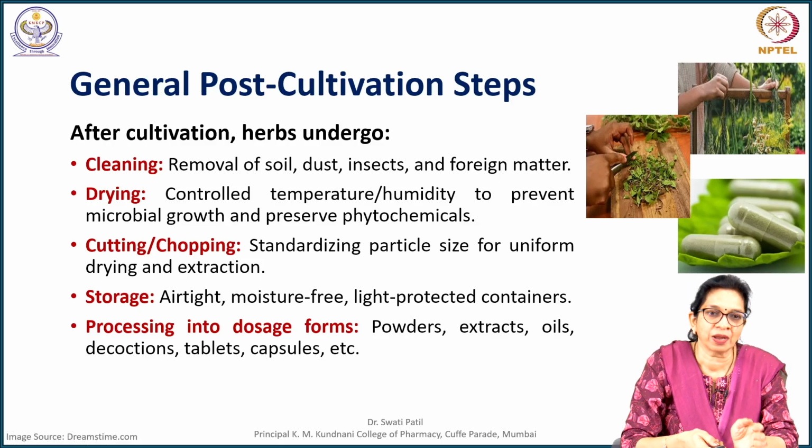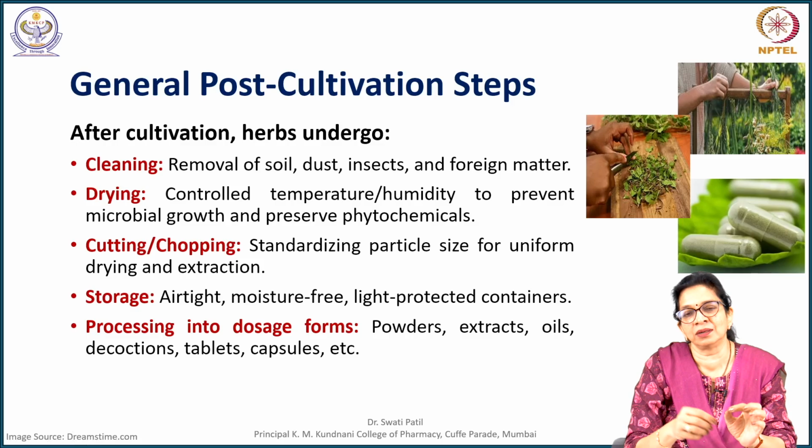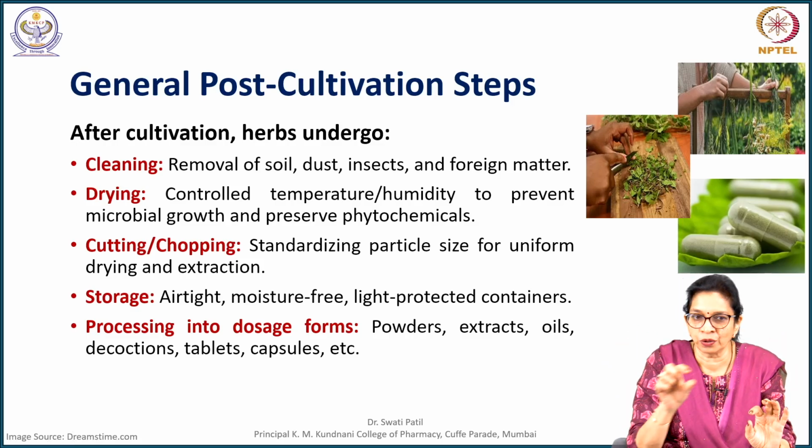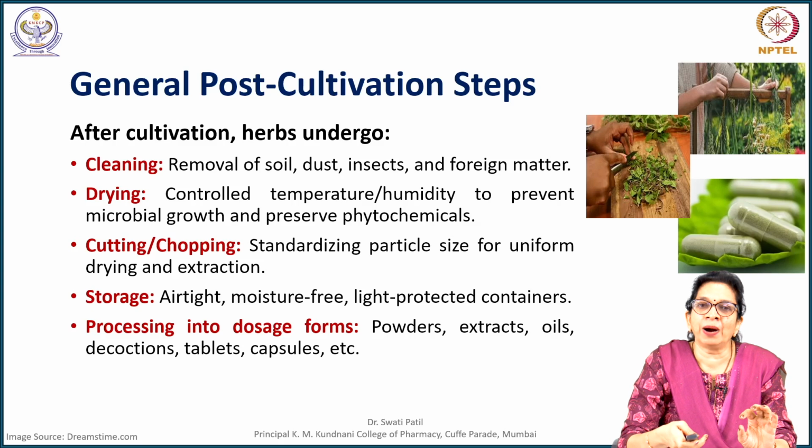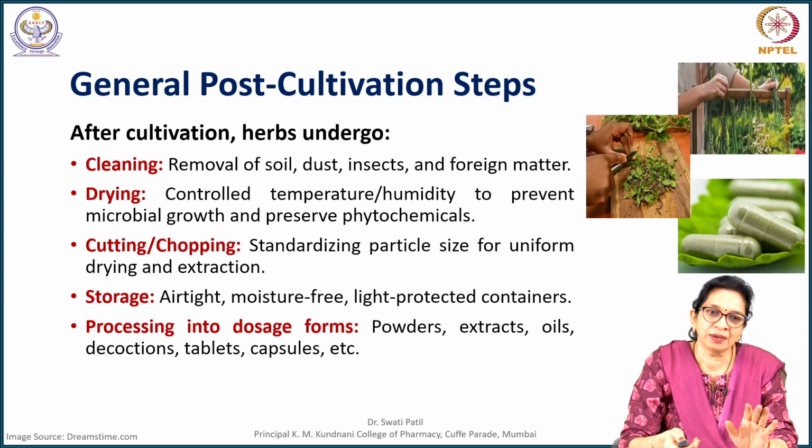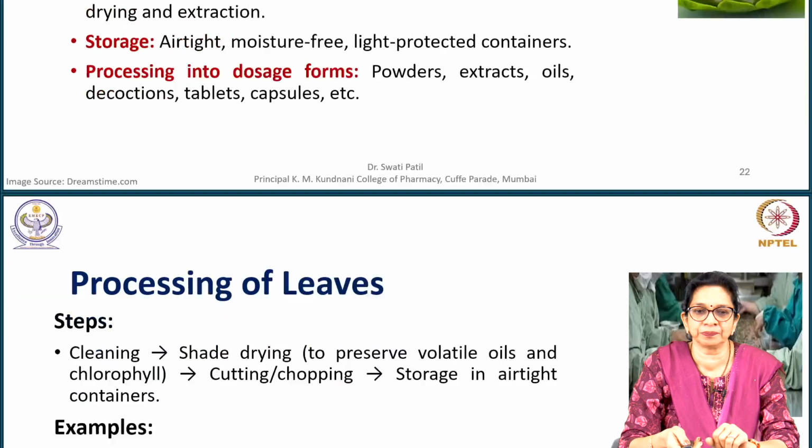Rhizomes, if we have to dry, we have to cut them, chop them. At times, they are just hung between two tree stems on a rope. The barks are dried naturally. So, depending on the drug and the plant part, each pharmacopoeia mentions how these drugs are processed for the market.